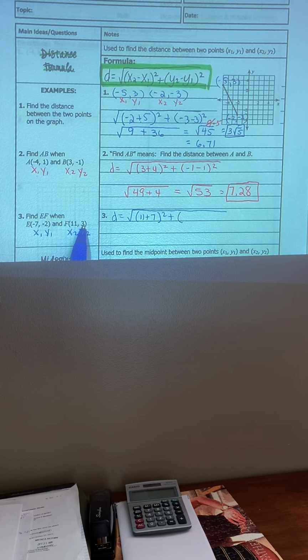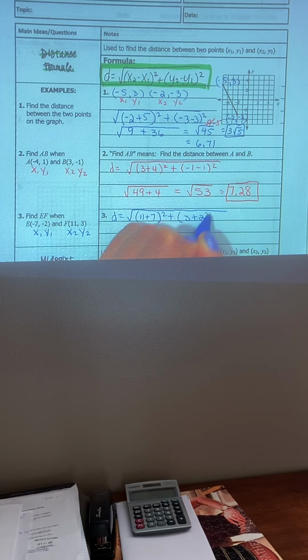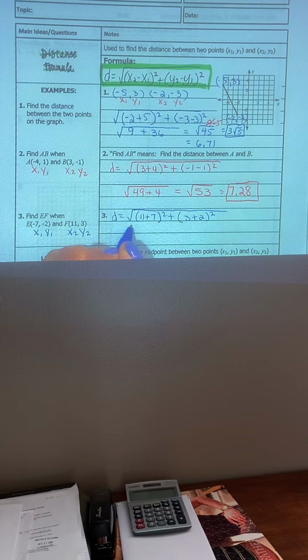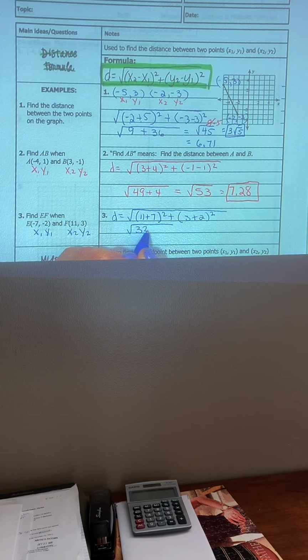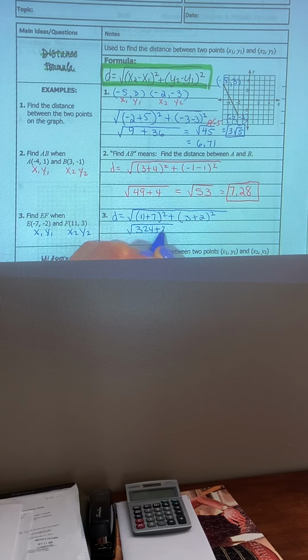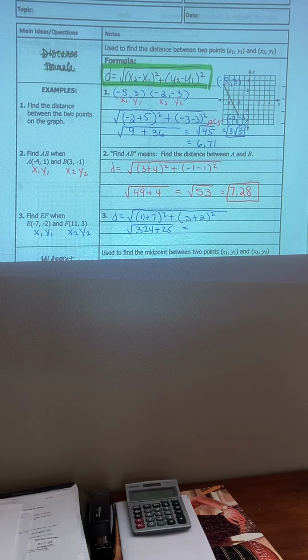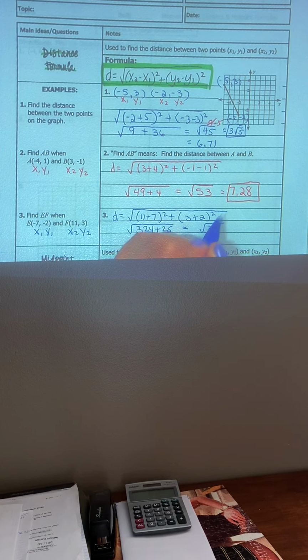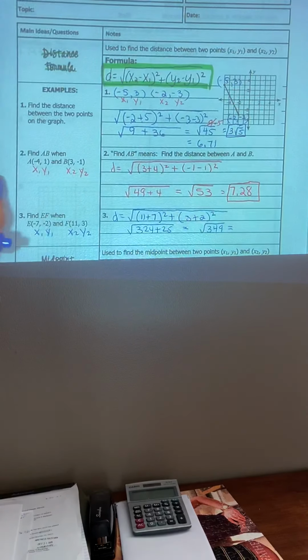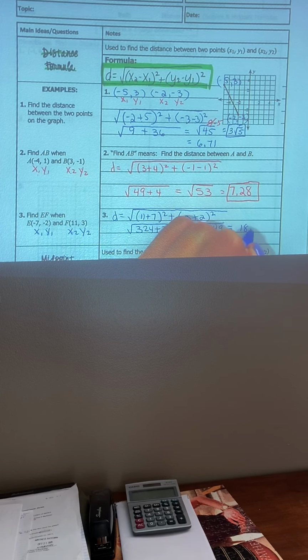And then 3 minus -2, which means 3 plus 2. Okay, and that's 18 squared. 18 squared is 324, and 5 squared is 25. So 324 plus 25 gives me 349. Excuse me. And do that on the calculator. Square root of 349 is 18.68.